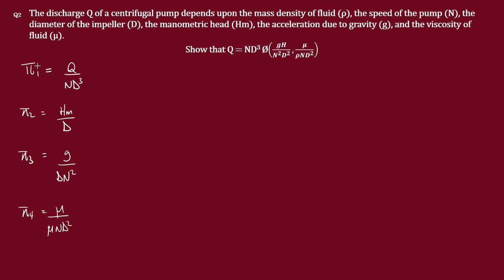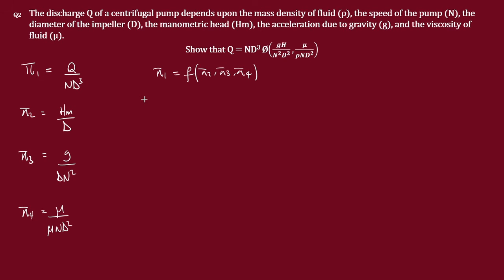So remember, our pi group with the dependent variable is going to be a function of the others. So if we were to write this down, we would say pi 1 is a function of pi 2, pi 3, and pi 4.